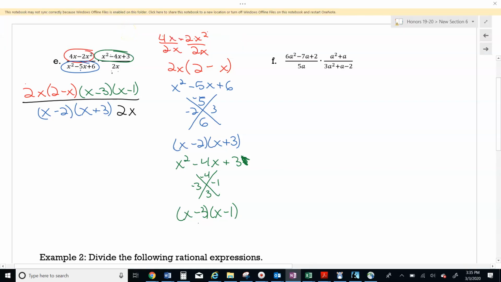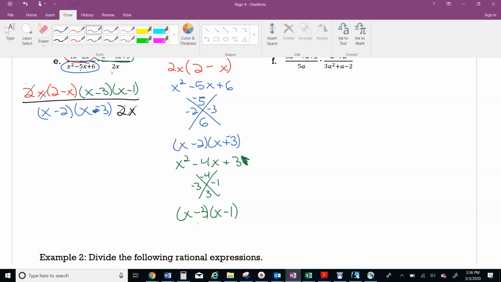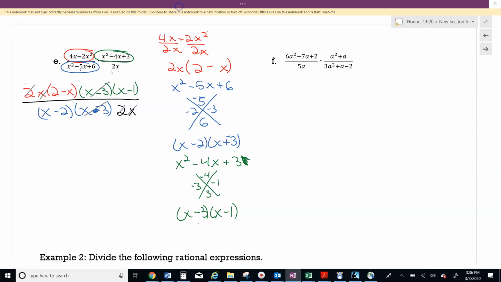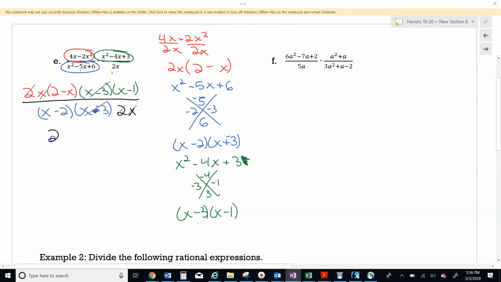Canceling out some factors, I see a 2 and a 2, an x and an x. And that's it right now. Wait, this should be a minus 3. Sorry. Didn't I say minus 3? Minus 3. So that's my other, I thought those canceled. Okay. So now I have 2 minus x, x minus 1.